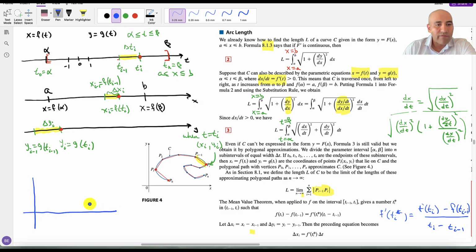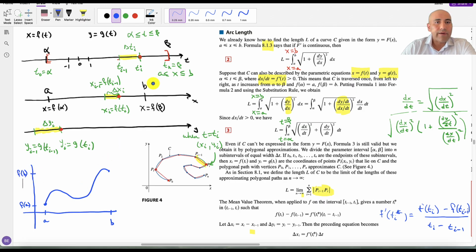If we have some function like this defined on a closed interval, here we have some value a and f of a, and over here b and some f of b that traces over here.